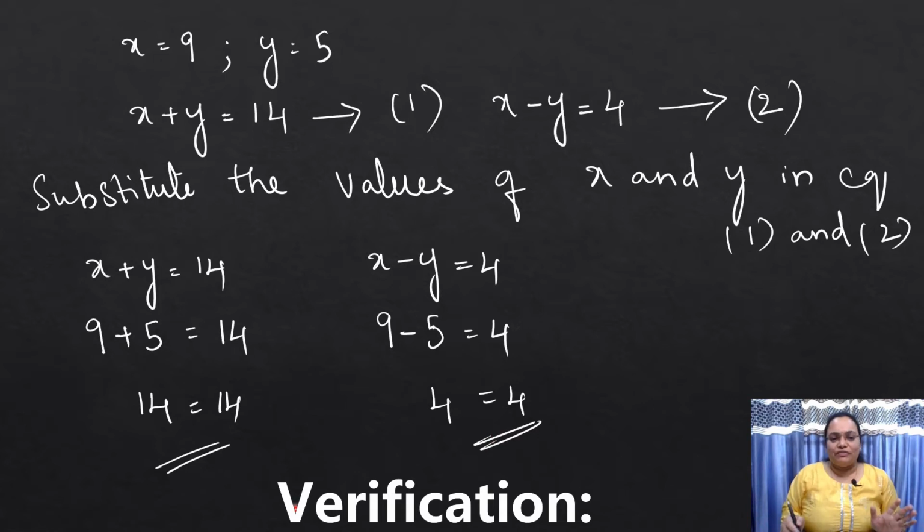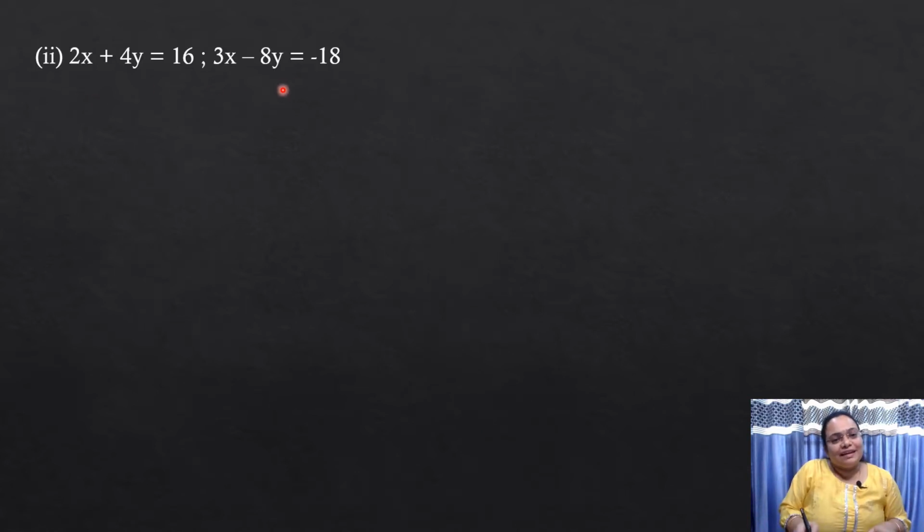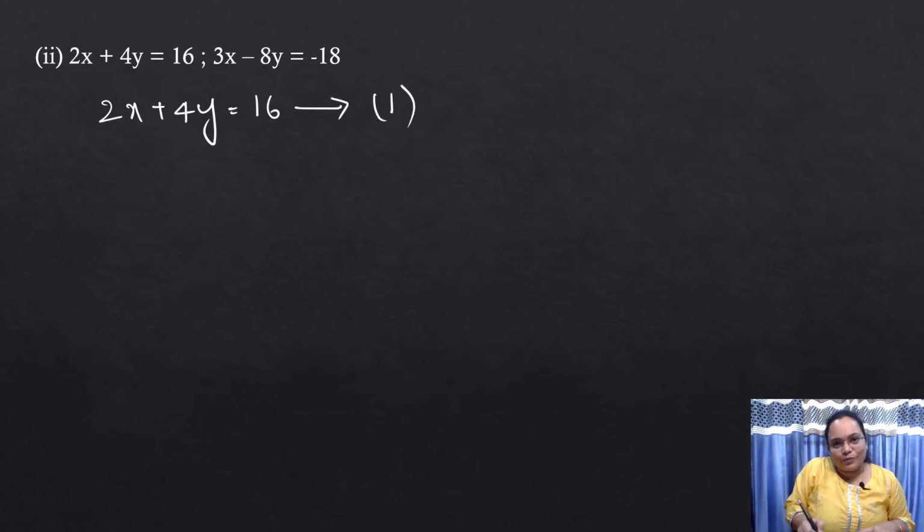Therefore verified. Now we will solve the next equations. 2x + 4y = 16 is our first equation. 3x - 8y = -18 is our second equation.